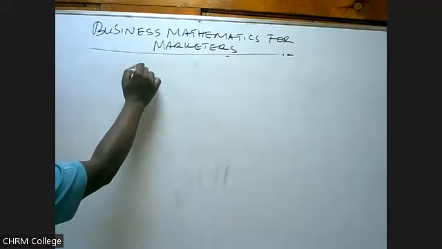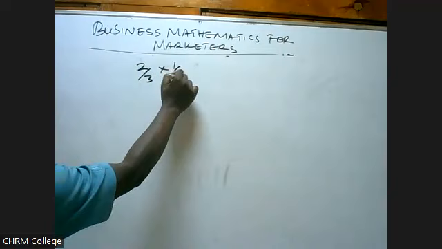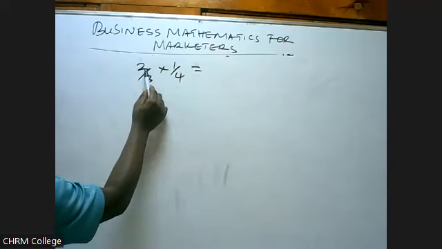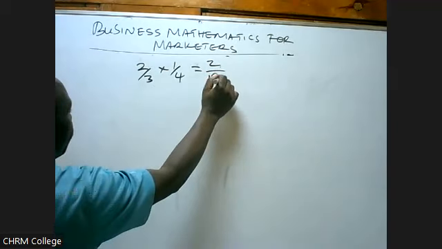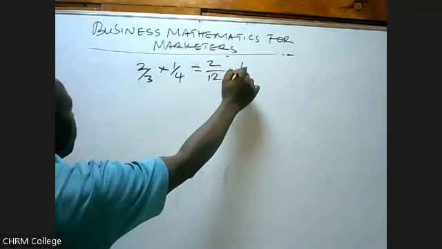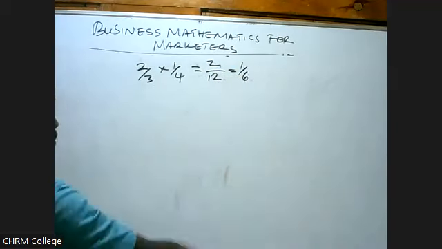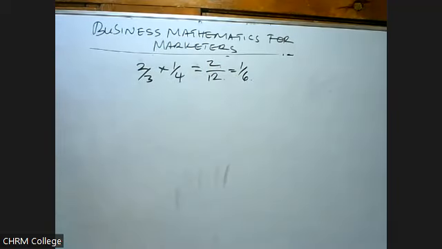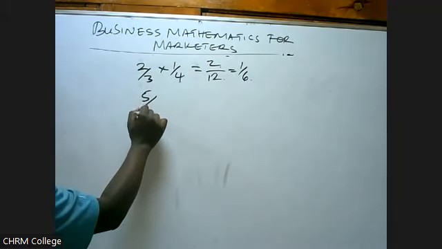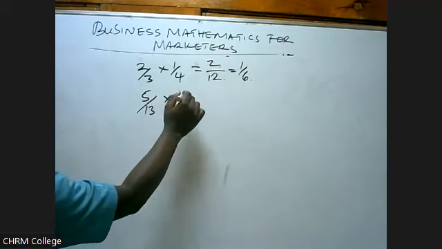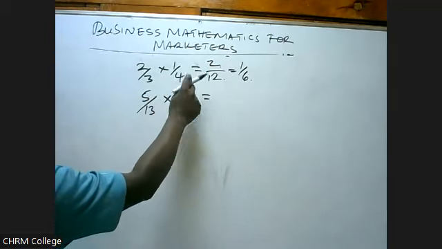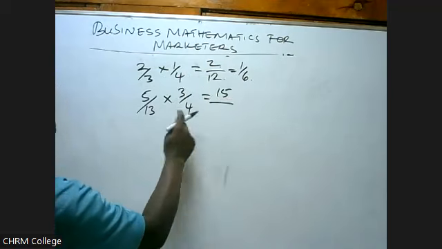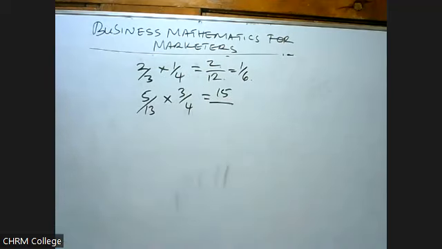If you have, for example, 2 over 3 times 1 over 4, what you do is 2 times 1, which is 2, and 3 times 4, 12. That is the answer, which you can simplify into 1 over 6. If you have 5 over 13 times maybe 3 over 4, you simply take 5 times 3 is 15 over 13 times 4, that is 52.